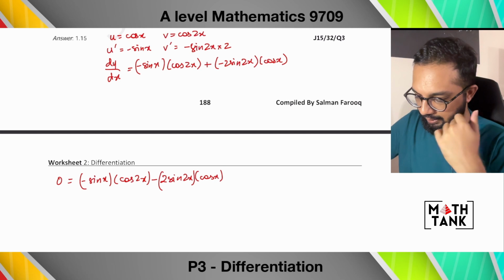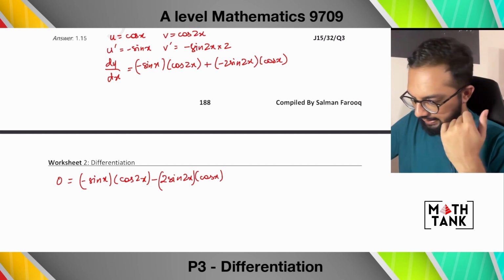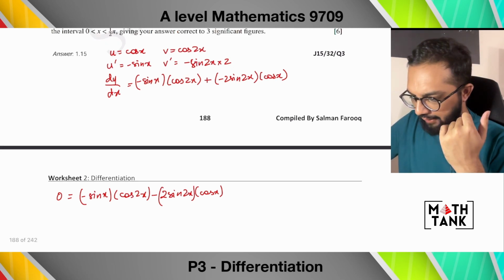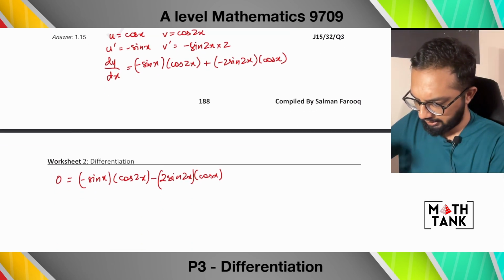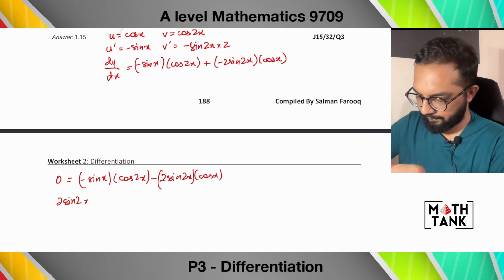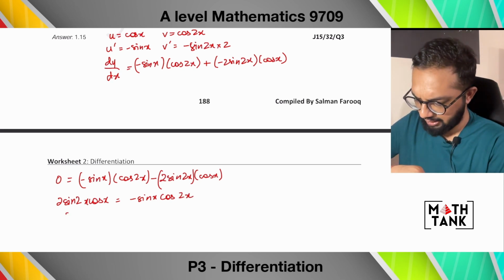Okay, so what I see is both having sine and cos. I don't see anything common, which is unusual, but it's there. So 2 sin 2x cos x comes here as a positive number, and this stays here. Let's see if I get to the correct answer. I have a feeling I may have made some error there.